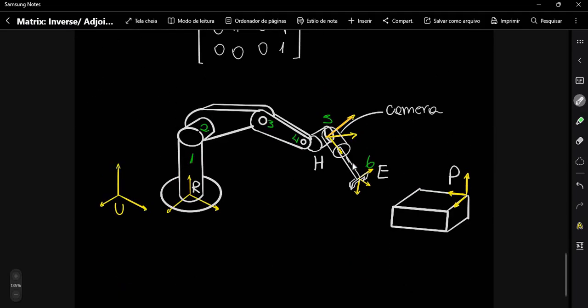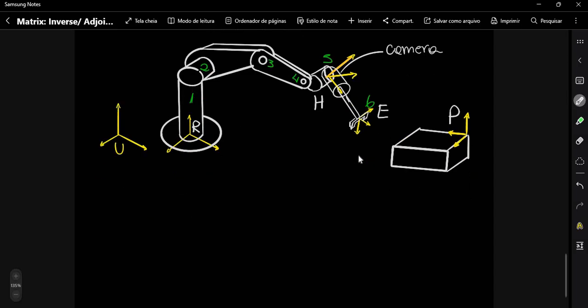So based on this, we can write a transformation equation of the hand of the robot, the frame H, in relation to the fifth link.